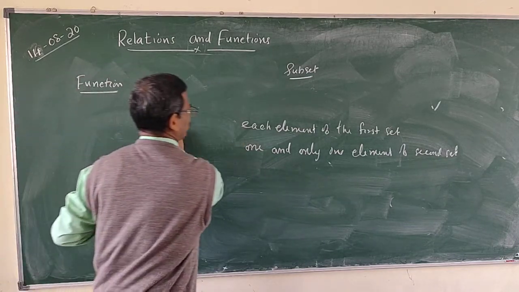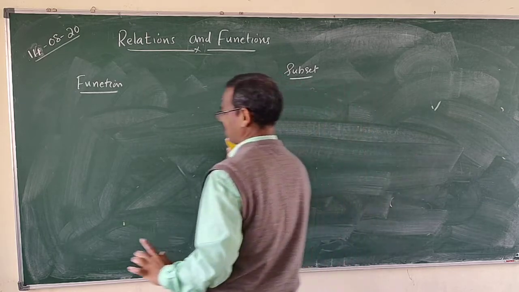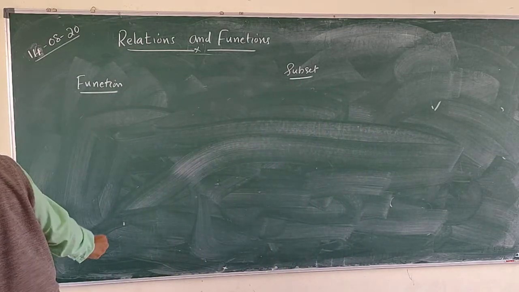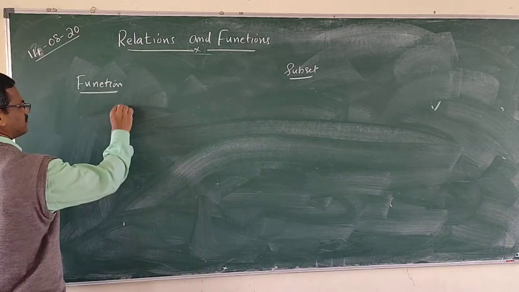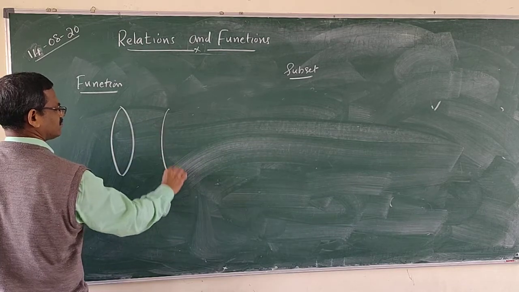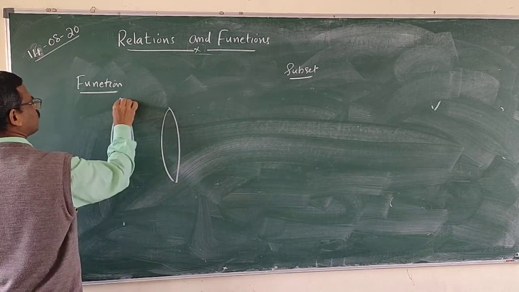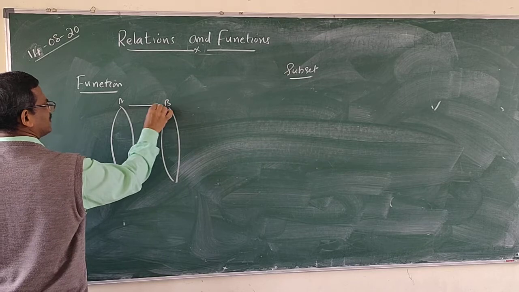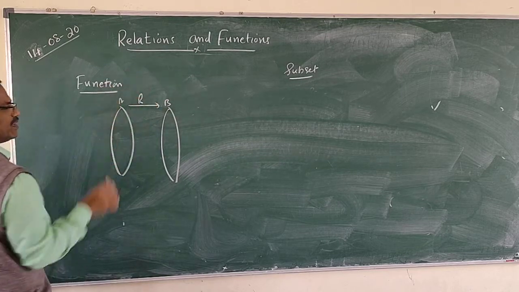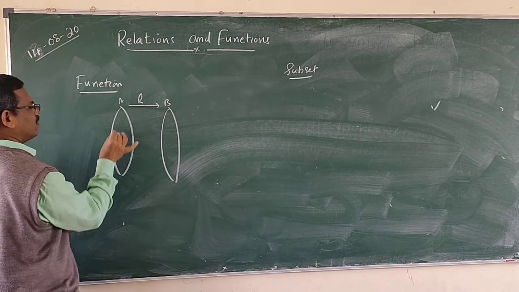diagrams. We call it an arrow diagram. We know that a relation is the connection between two sets. Here, these two sets are connected with some type of relation.